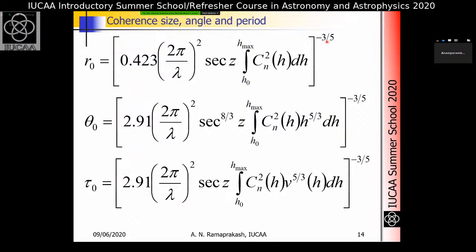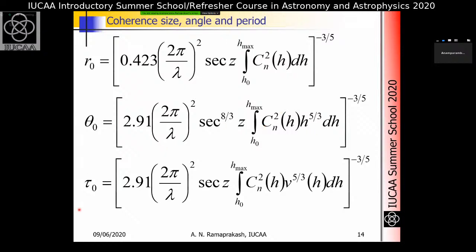So by choosing the longer wavelength, you can actually get better observations because R0 improves. Similarly, theta 0 is nothing but R0 divided by h. So if I put a patch of R0 size at a certain height in the atmosphere, what is the angular size it subtends? That is given by theta 0. And if you substitute in here, it would come out to be this expression.